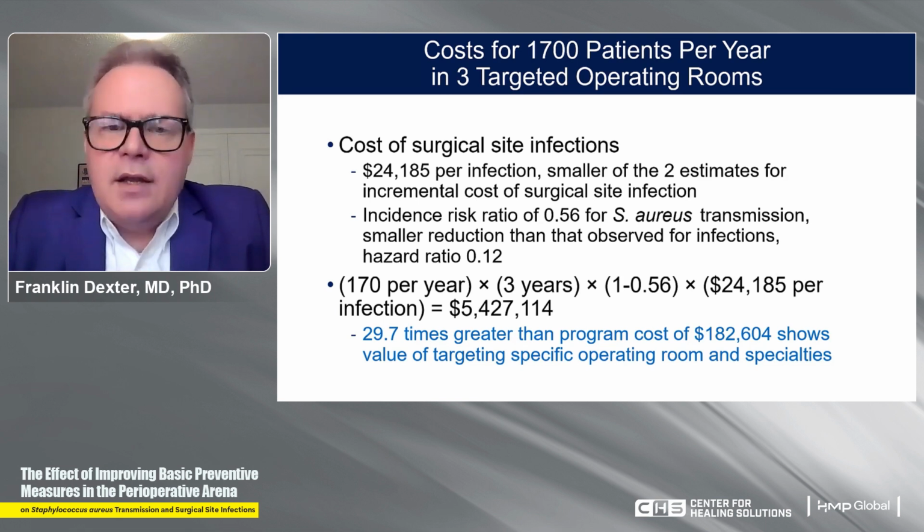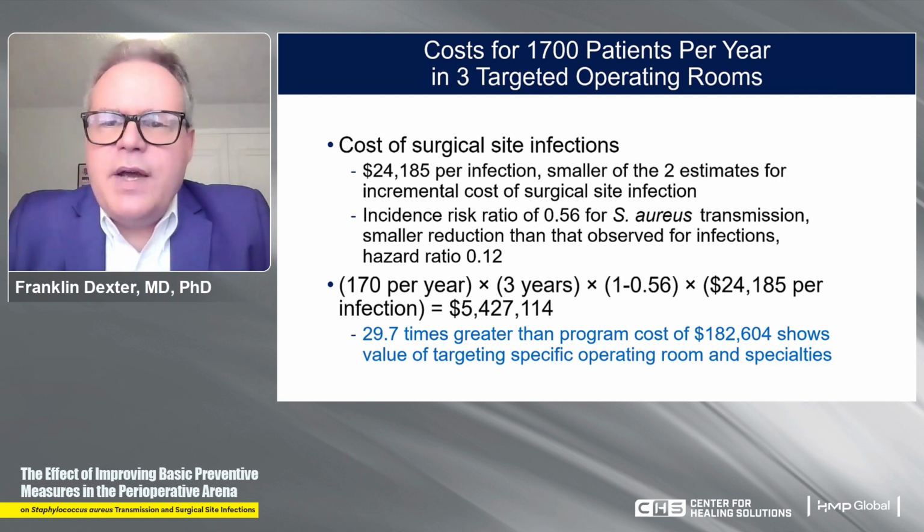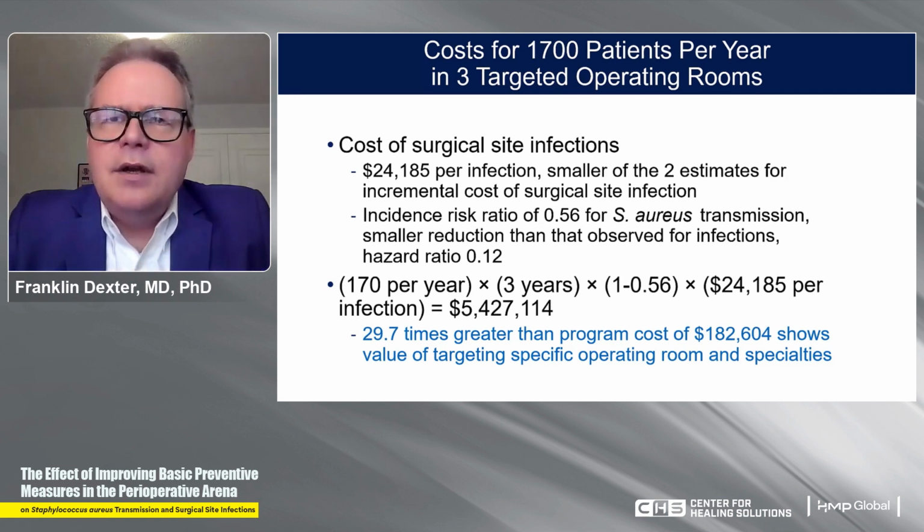So is there a trick here? Yes. The important thing is that we are targeting the operating room and specialty combinations that have the largest number of surgical site infections. If you don't target the operating room and specialty combinations that have the most infections, the hospital can't recoup the cost.